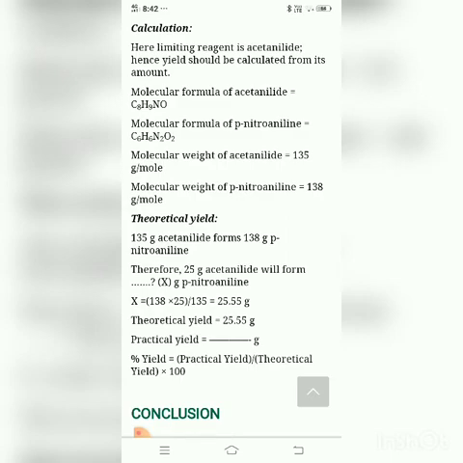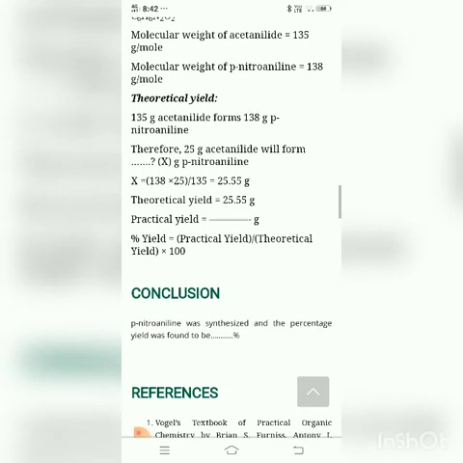As we always do, percentage practical yield is equal to practical yield upon theoretical yield into 100. What is the conclusion? Whatever practical you performed and whatever yield you get after this calculation, you have to put it into the conclusion box: p-nitroaniline was synthesized and percentage yield was found to be dash percentage.